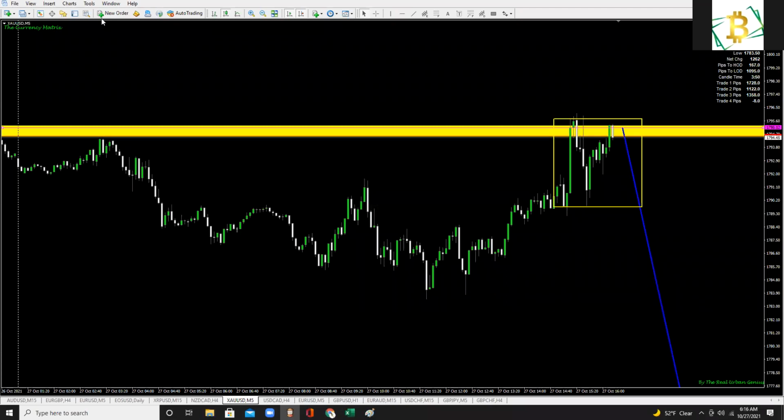Yeah, enter gold, put your stop at 17.99. Between 17.99 and 18.01, put your stop for gold. But yes, you can enter gold right now.